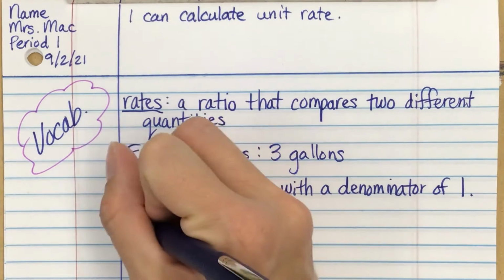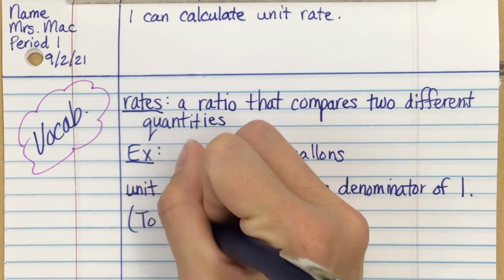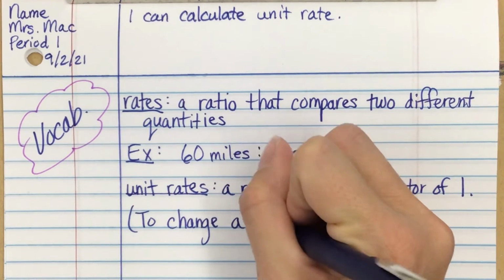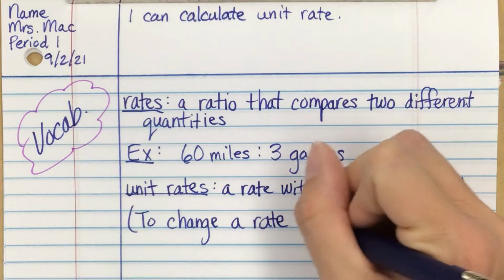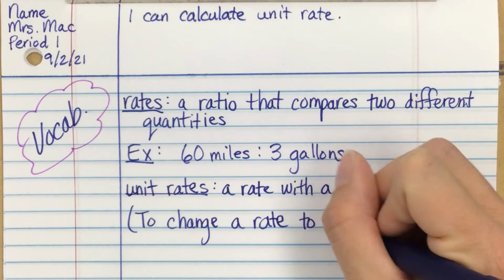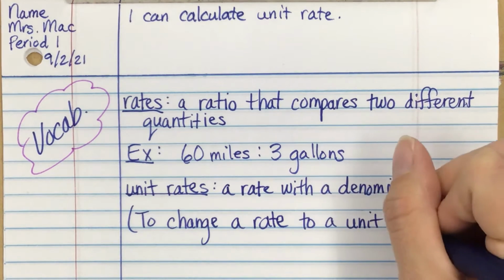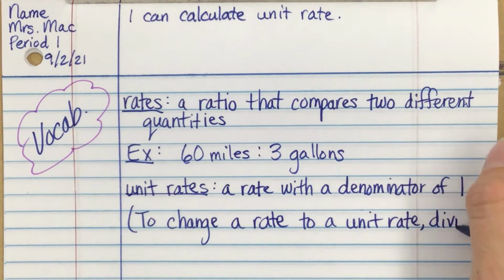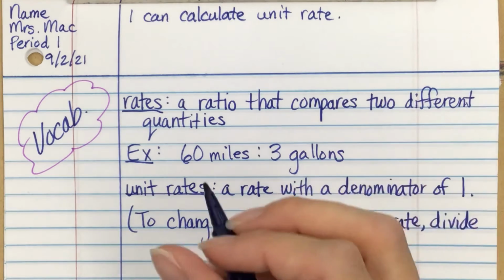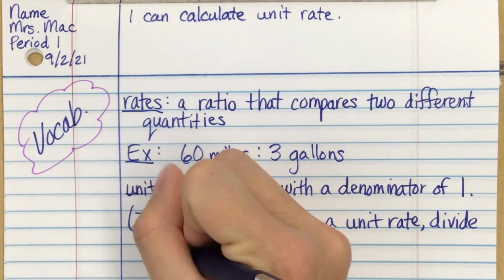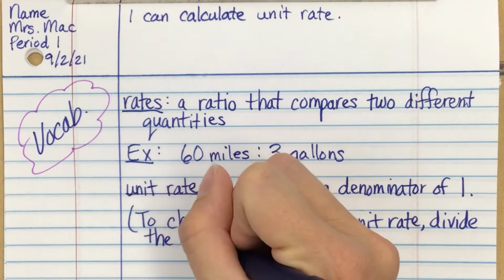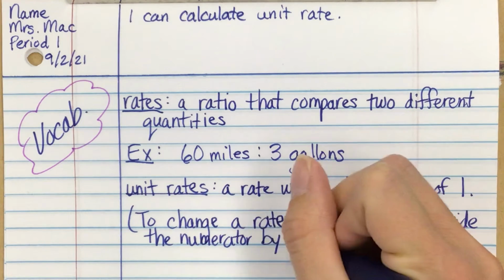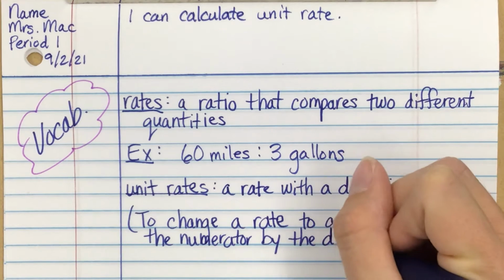Okay, so to change just a regular old rate to a unit rate, you're going to divide the numerator by the denominator.